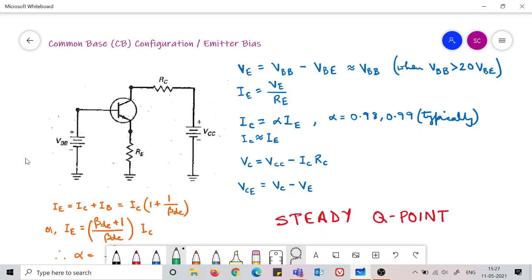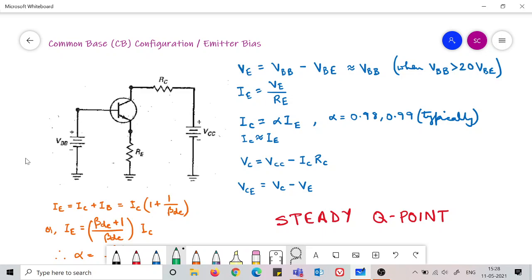Some similarities and differences you need to keep in mind, so that if you are asked to draw, suddenly you draw the common emitter configuration, in the back of your mind you will remember, even if you don't remember the exact circuit, common emitter means the emitter is connected to ground, and the biasing resistances would be in the other two terminals, and where we are giving the source voltages is also important to note. Source voltages are always given in the base and the collector.